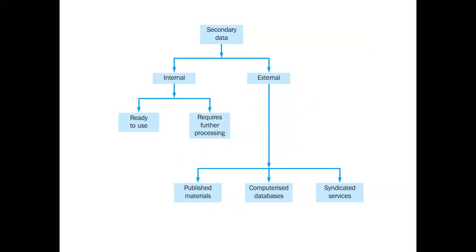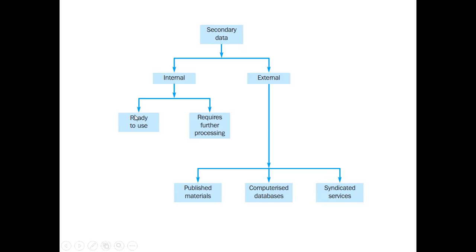Internal, these are ready to use. They require further processing. But external, these are published materials, computerized databases, syndicated services. Now, when we say internal and external, we mean internal to the organization and external to the organization. That's the idea there.